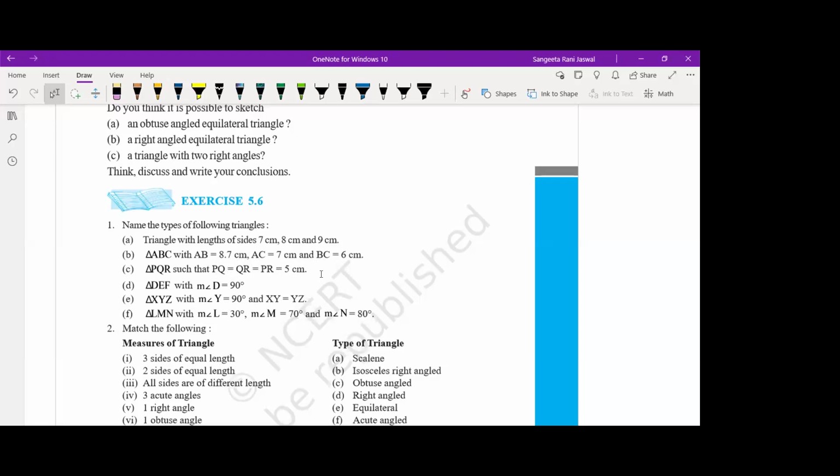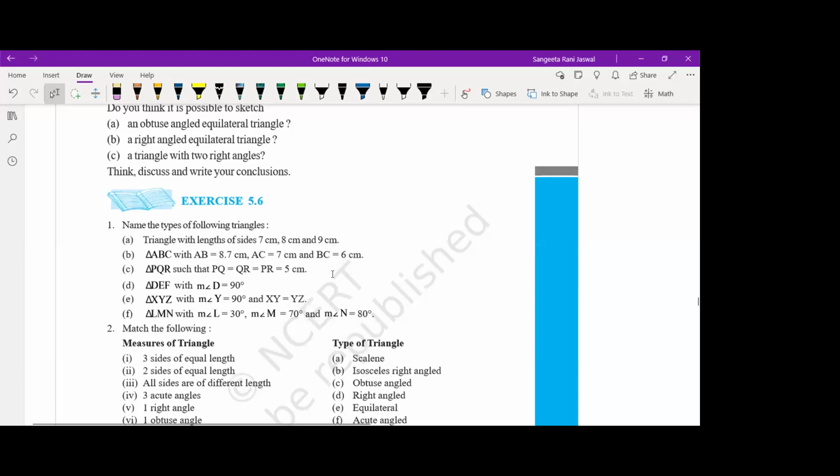Triangle DEF with measure of angle D equals to 90 degrees. Right angle. Right angle, very good. Triangle XYZ. See, anyone can answer in this. I'm not taking anyone's name. Okay, anyone can answer. Triangle XYZ with measure of angle Y is 90 degree and XY is equal to YZ.